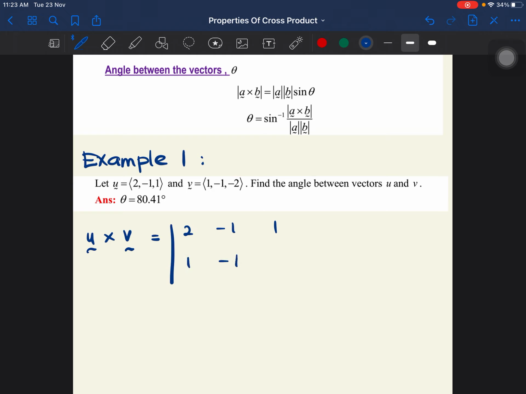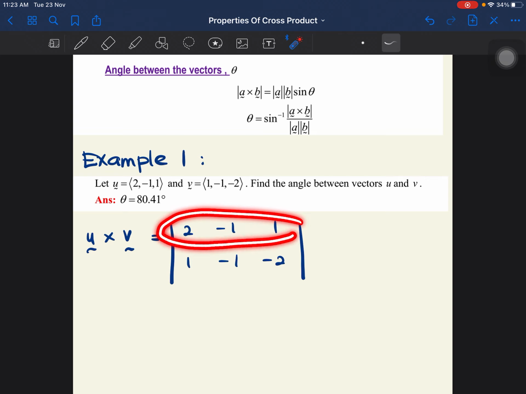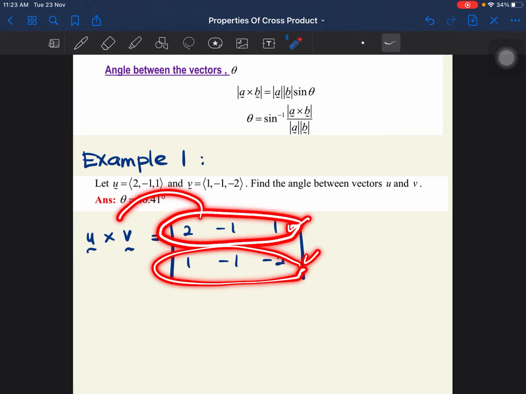V is equal to 1, negative 2, negative 2. Please remember when you write U cross V, up here must be vector U and down here must be vector V. You have to write it according to what you write here.